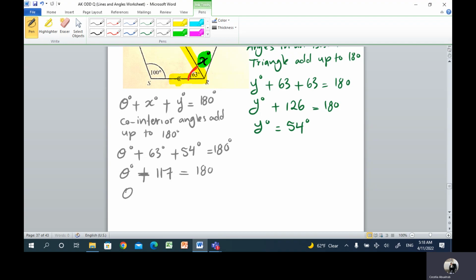And if you apply opposite operations and you subtract the 117 from 180, then theta will come down to 63 degrees.